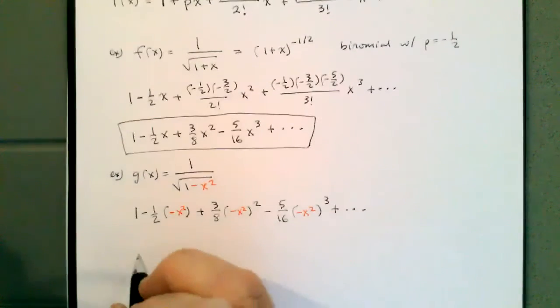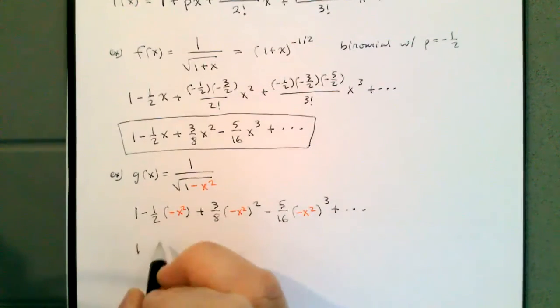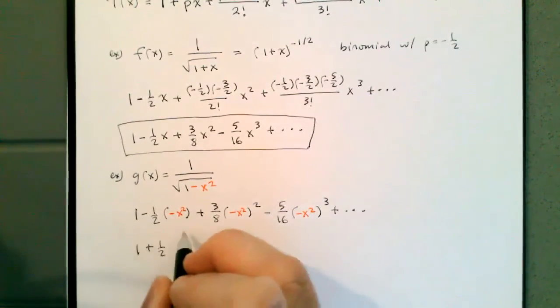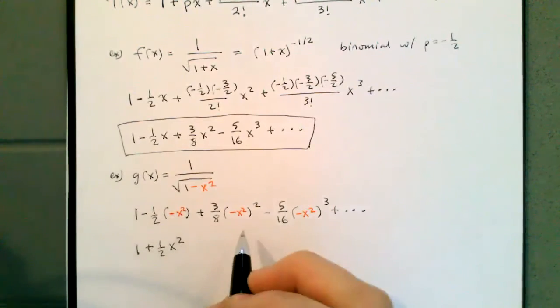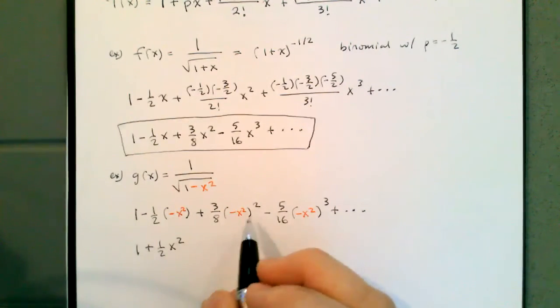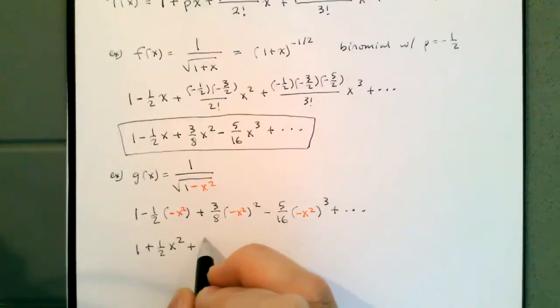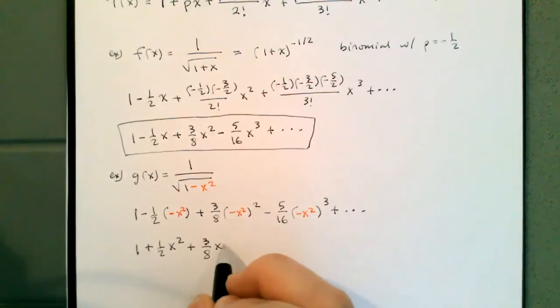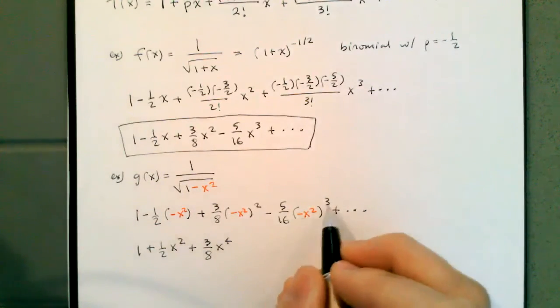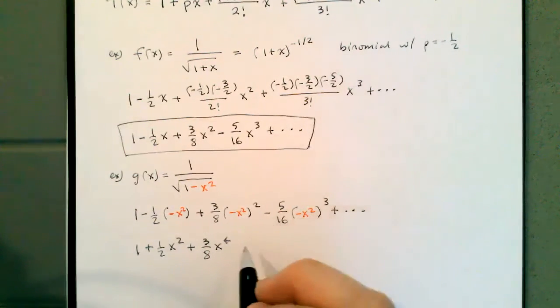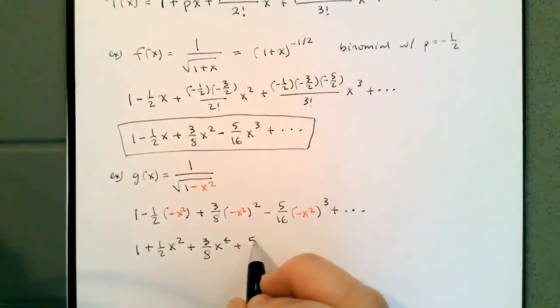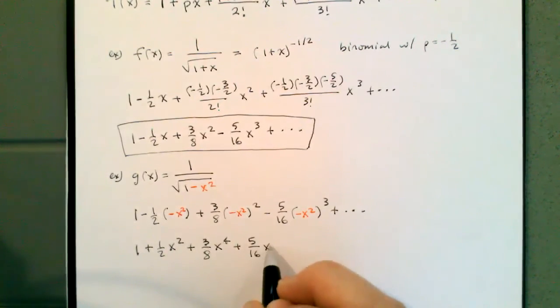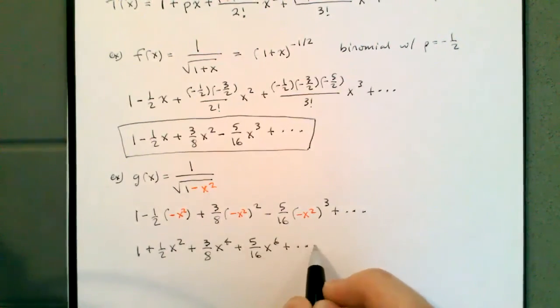So my series, when I simplify, minus and minus is plus 1/2 x squared. The negative gets squared away, so it's still plus 3/8 x to the 4th. And the negative is cubed, but I get multiplied by this negative, so it becomes positive 5/16 x to the 6th, and so on.